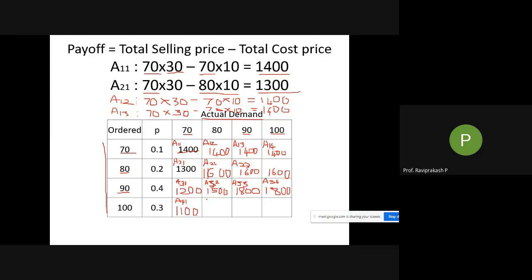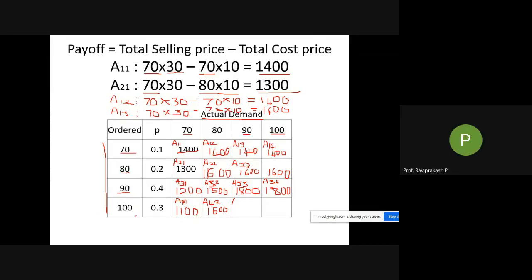So can anybody tell me A42? 1600. Okay, how? 80 into 30 minus 80 into 10. Not 80 into 10.